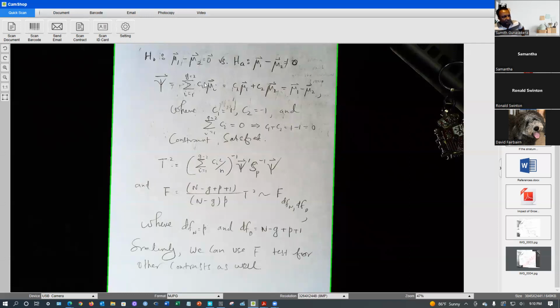With only 2 groups, i goes from 1 to 2, so C1 mu1 plus C2 mu2.